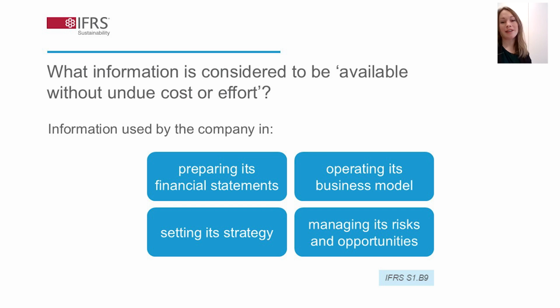And we should highlight that over time, the reasonable and supportable information that is available without undue cost and the company's skills, capabilities, and resources are expected to change. And as a result, the expectation is that disclosures in this area will improve over time.